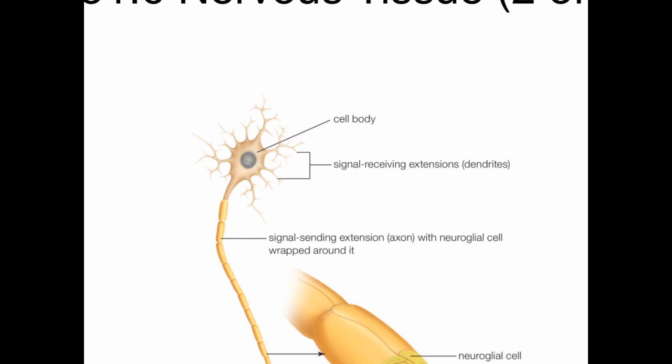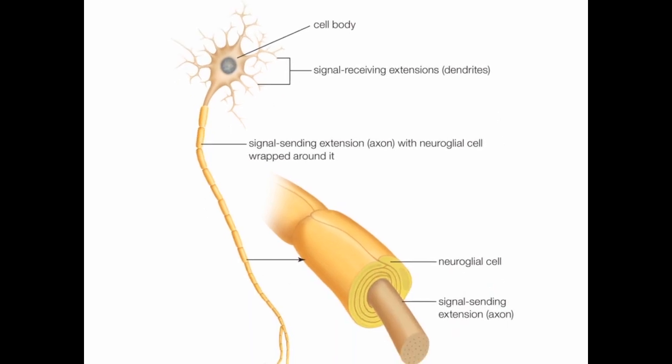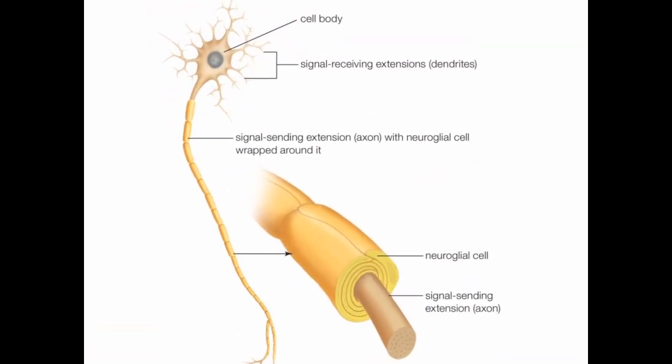So what are those support cells? These are examples of your support cells. These are the neuroglial cells, or specifically the Schwann cells, they wrap around the axon. It enhances the travel of the electrochemical signal towards the end of the axon.